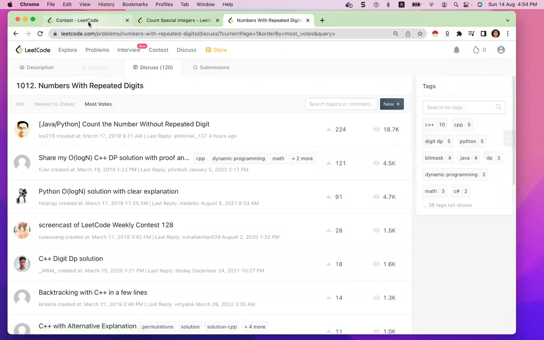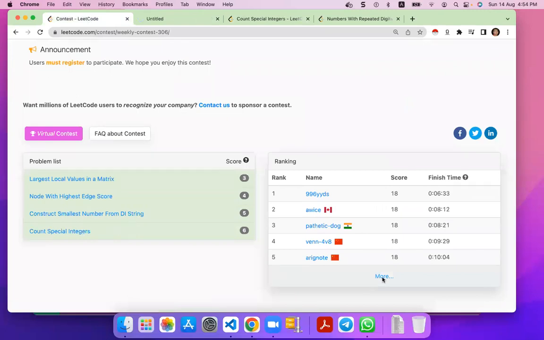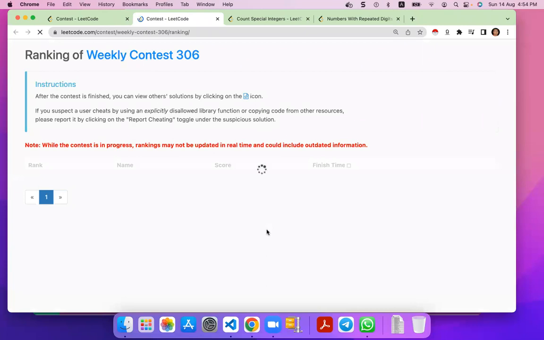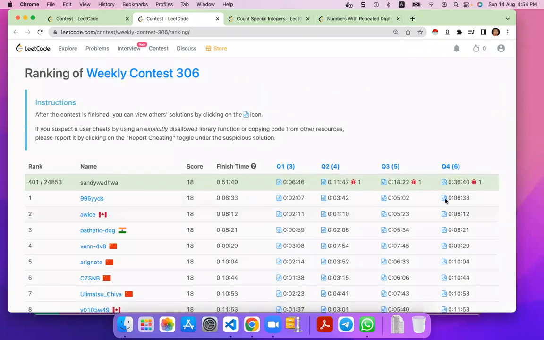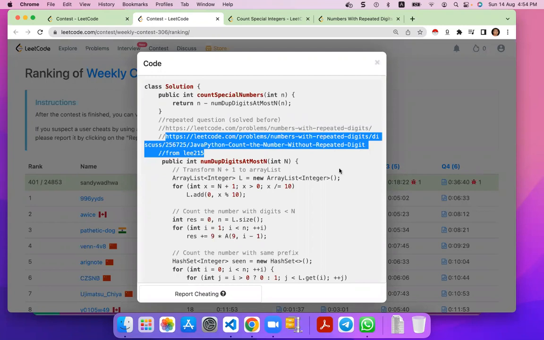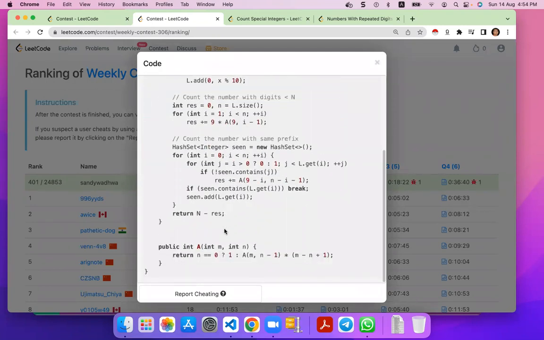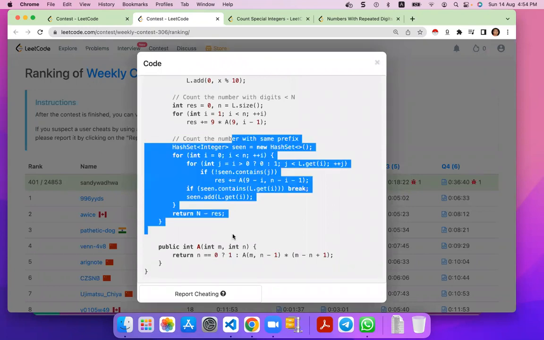In fact, I saw later that the person who was rank 1 has mentioned in the comments that this is a repeated question he has solved before, and it is exactly the same thing. But he has written, I think, a little different code. So we will talk about the approach though. It's a mathematical way of solving this problem.